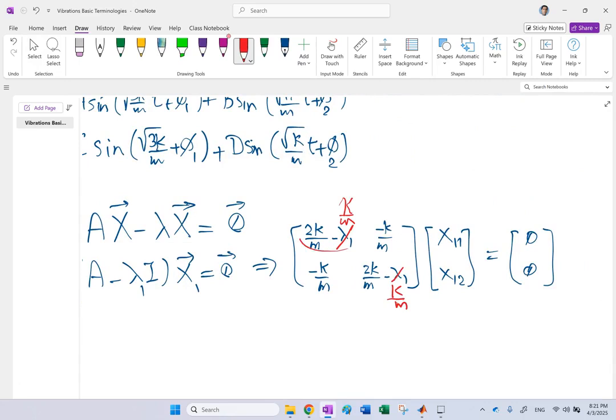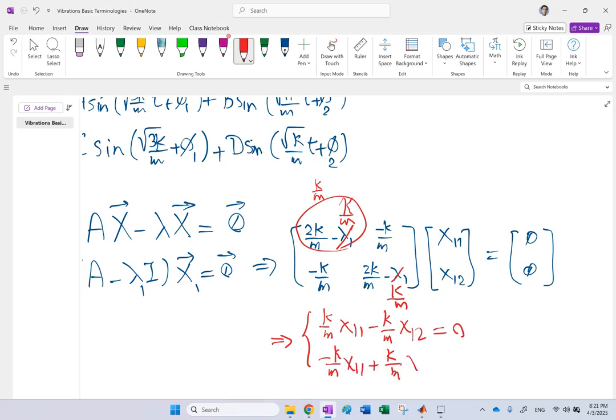Well, if I do that, this whole thing will be k over m. So if I multiply and expand, I get two equations. The first one is k over m x11 minus k over m x12 equals 0. The second one is going to be negative k over m x11 plus k over m x12 equals 0.